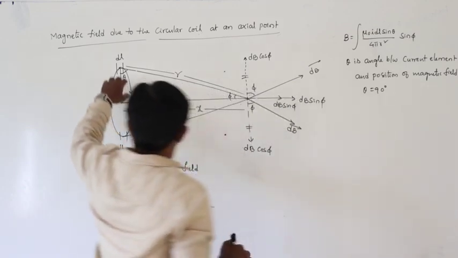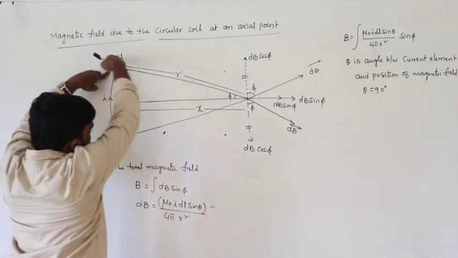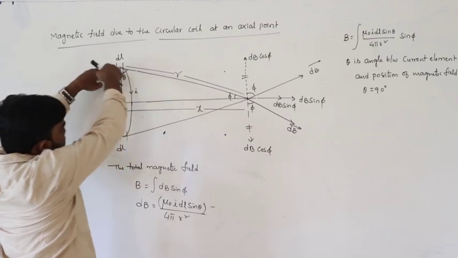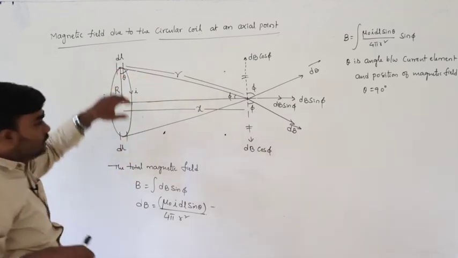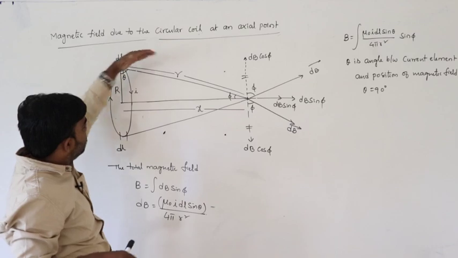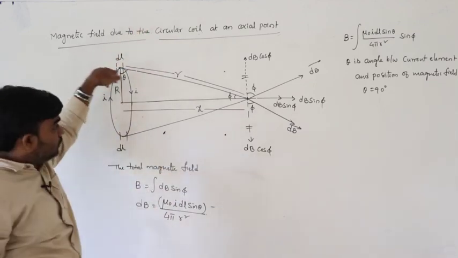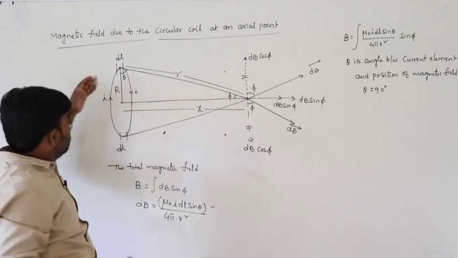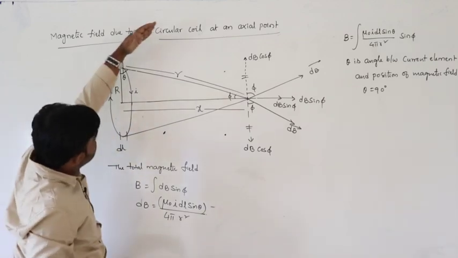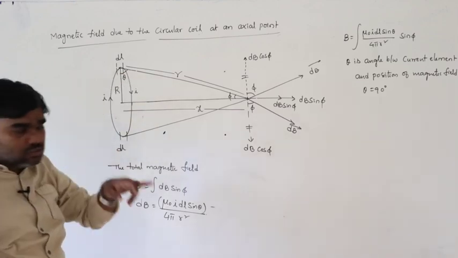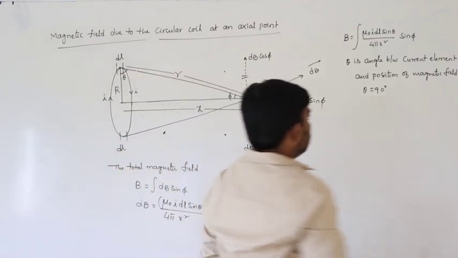On the circumference, this is the direction of the tangent, the angle between this r bar and the current element. We assume it three-dimensionally. This is the direction of the current element tangentially, and this is the radius. Here the current travels in this direction and this is the radius. So three-dimensionally you have to assume, then theta must always be equal to 90.